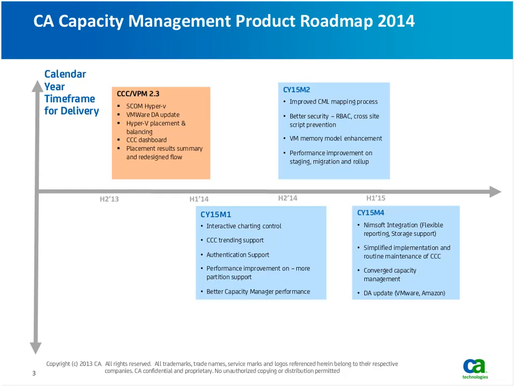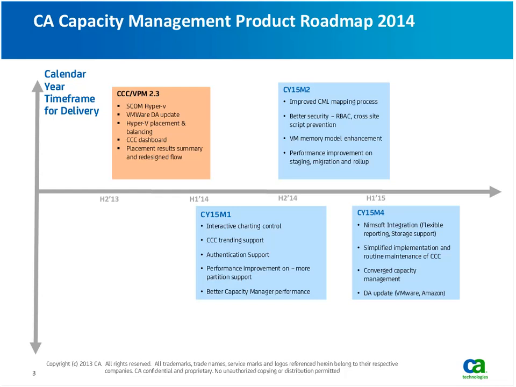So from a capacity management product perspective, we always leverage the underlying monitoring product to provide us with various infrastructure level information. So it's natural for us to have a tighter integration with our own flagship monitoring product, which is NIMSOFT. The aspect we are going to be focusing on first is the front end.